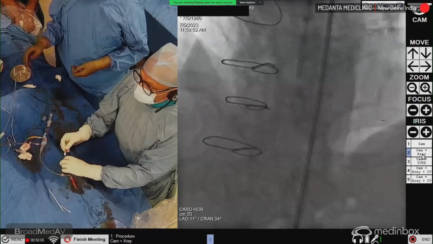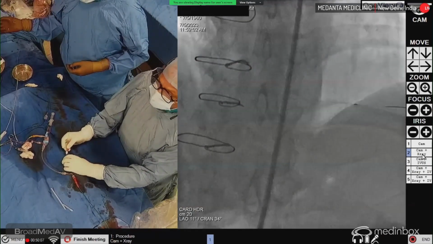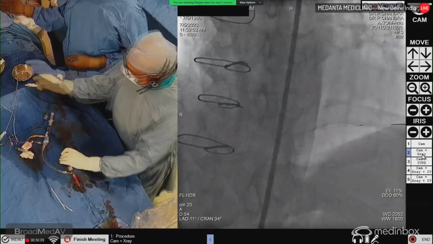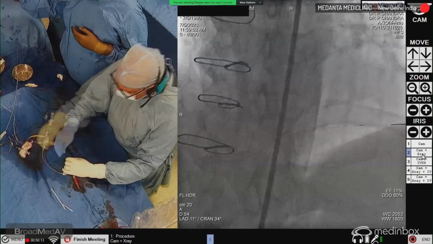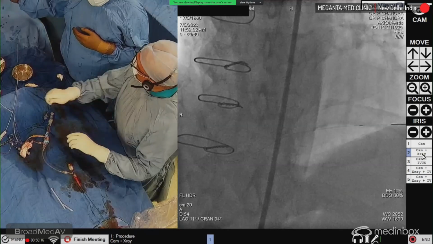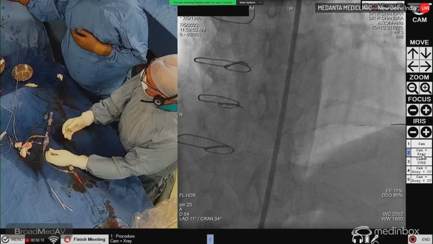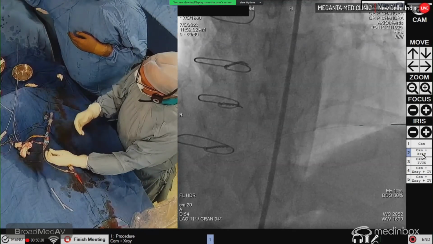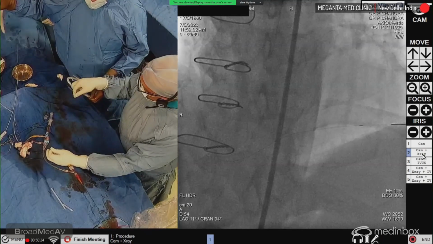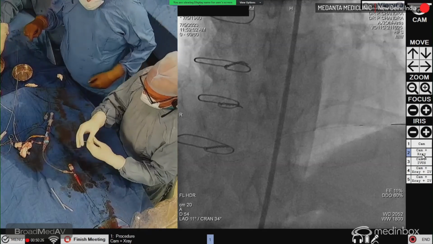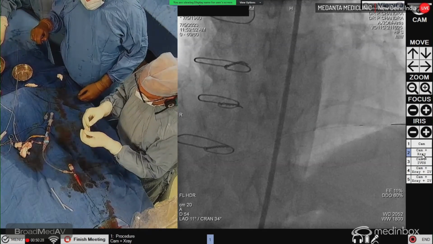Get me a guide extension, please, and a 2 millimeter balloon. Here we are not going to use any laser, because it is number 1 to distal. Give me a 2 millimeter balloon, please.